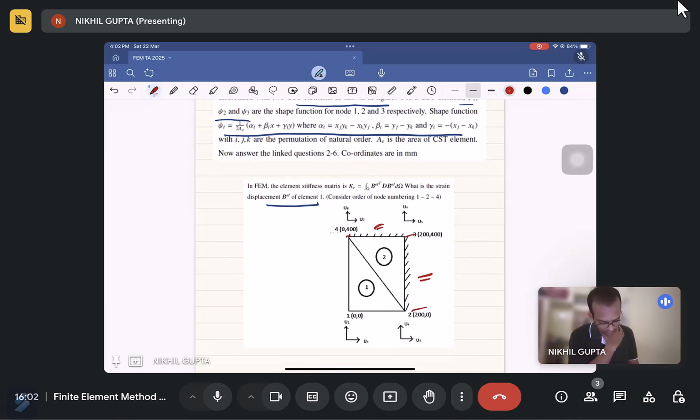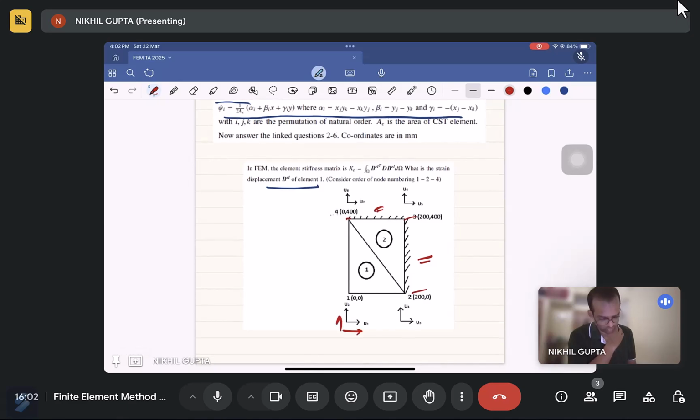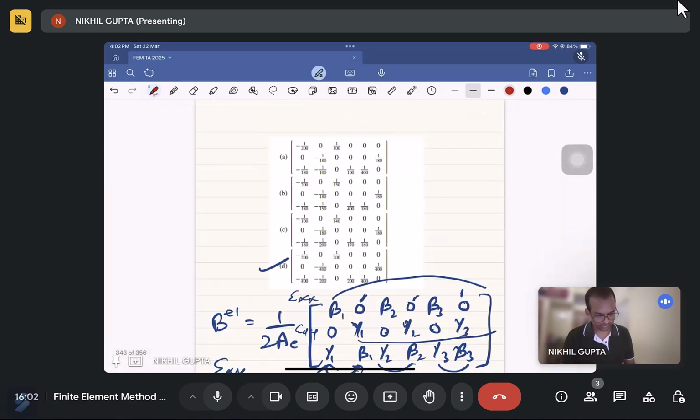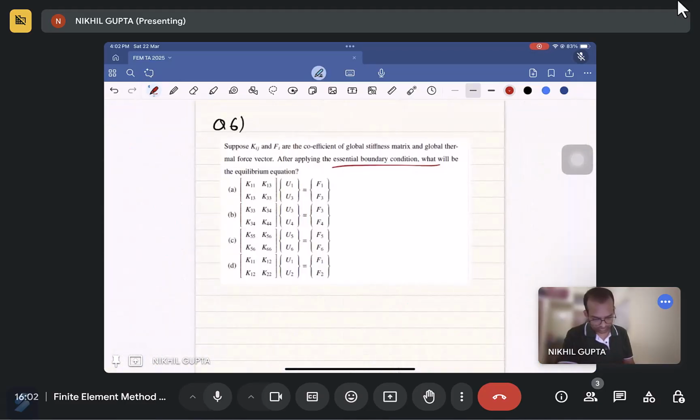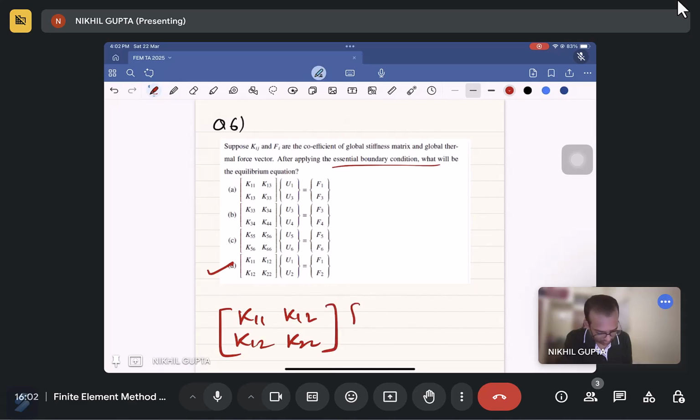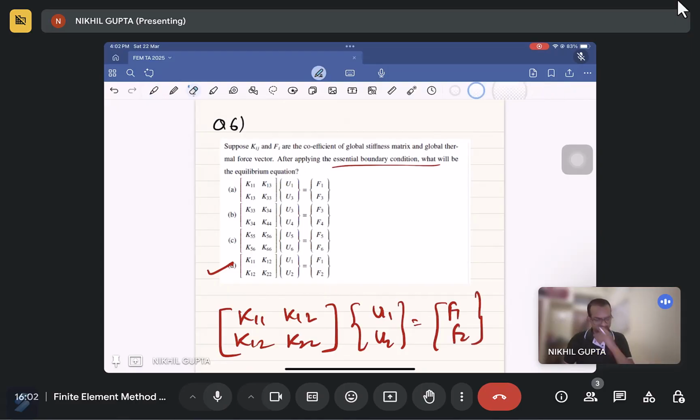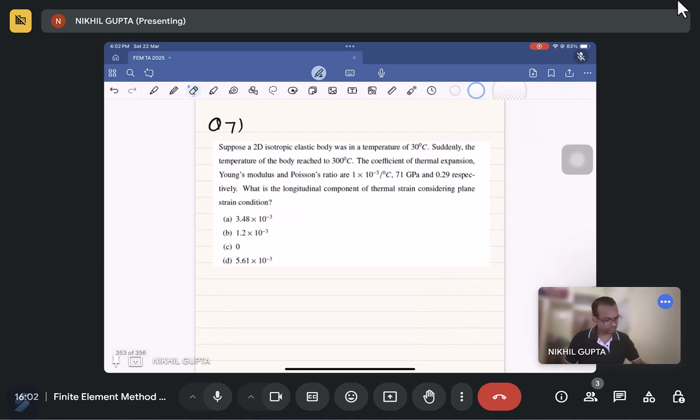So u1 and u2 are the two unknowns. You see only option D is there, so we can directly write k11, k12, k12, k22, u1, u2, and simply it will be f1 and f2. So the answer is D.